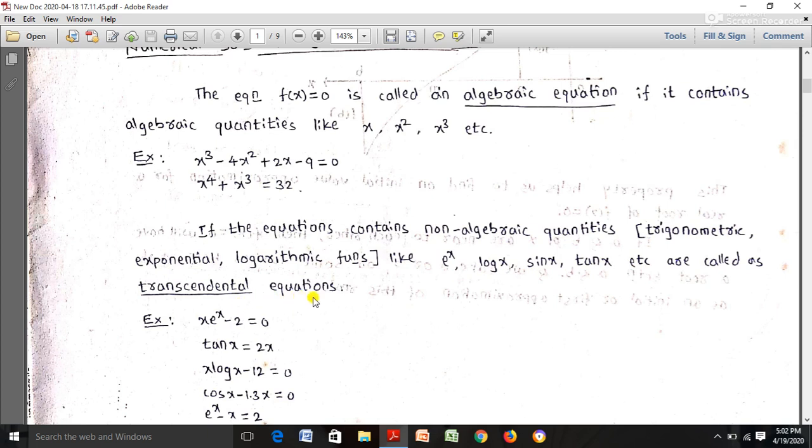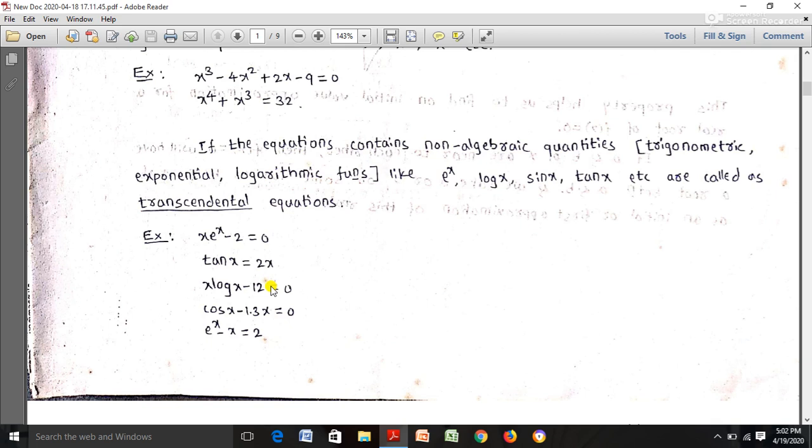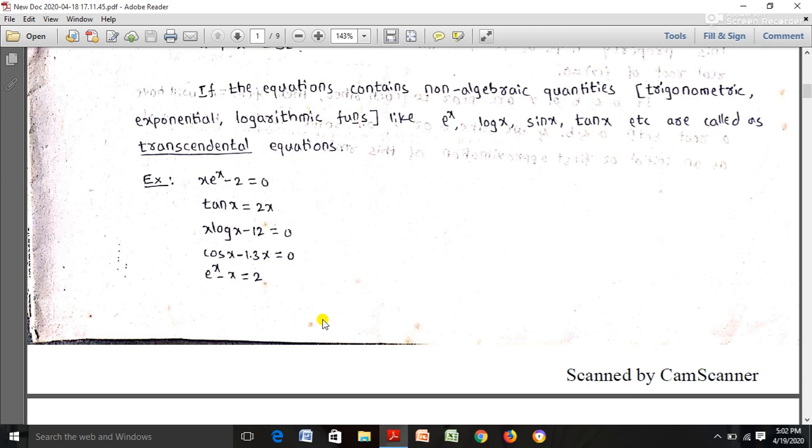Trigonometric means sin x, tan x, cos x; exponential means e raised to x; logarithmic means log x. For example, x e raised to x minus 2 is equal to 0, tan x is equal to 2x, x log x minus 12 is equal to 0, cos x minus 1.3x is equal to 0, e raised to x minus x is equal to 2.